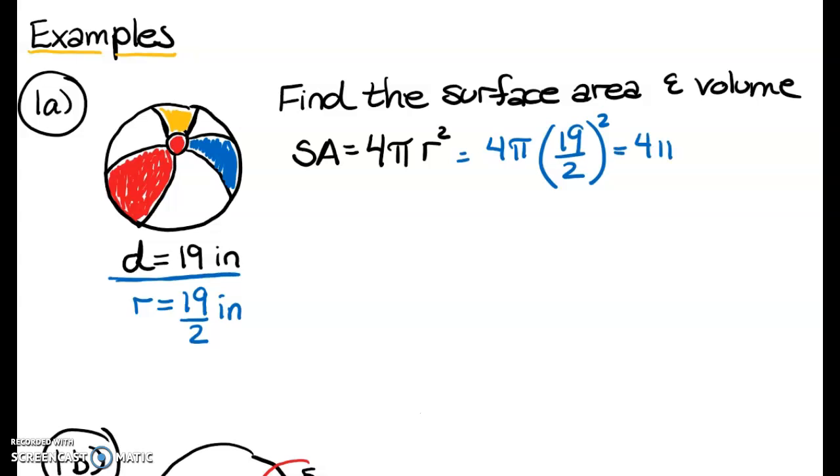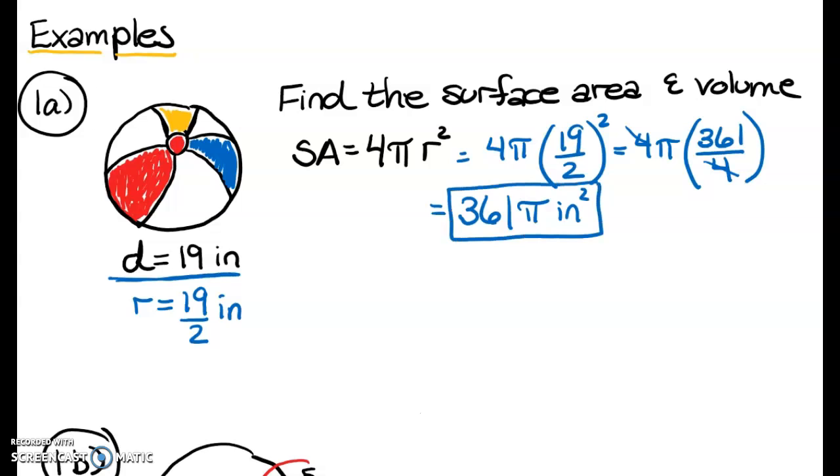So I get 4 pi times 19 squared over 2 squared, which is 361/4. Now my 4's reduce out really nicely. So I get 361 pi inches squared for the surface area, and that would be my answer.